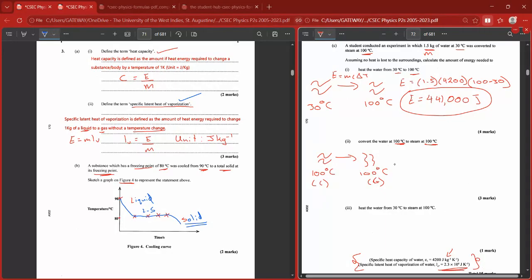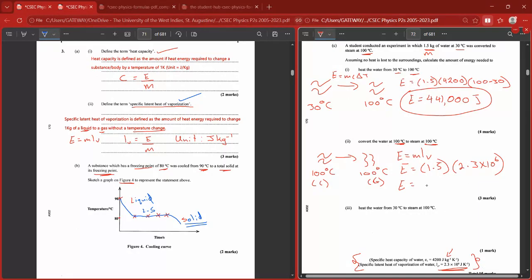So we're going to use the formula energy is equal to mass by specific latent heat of vaporization. So energy is equal to the mass, which is 1.5, multiplied by the specific latent heat of vaporization, which is 2.3 times 10 to the power of 6. So we're going to get energy to be 1.5 times 2.3 by 10 to the 6.